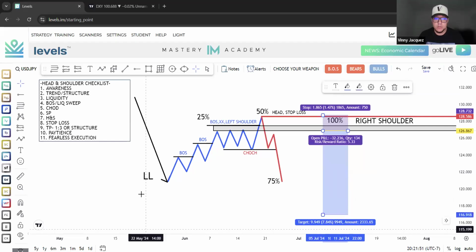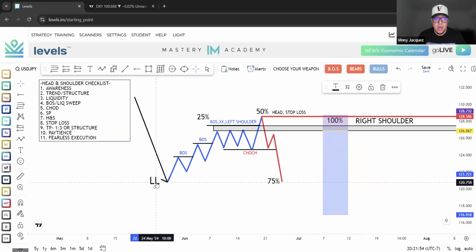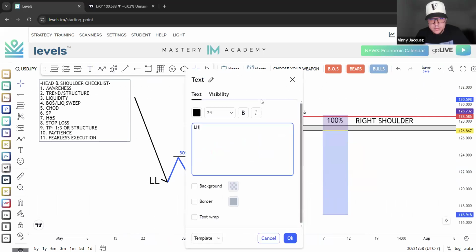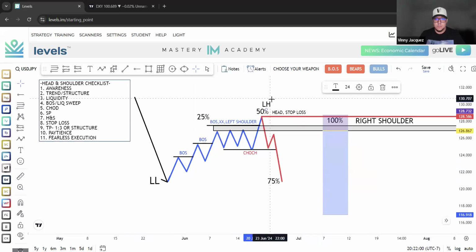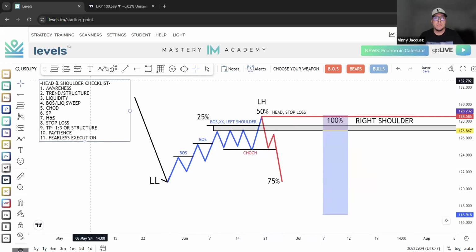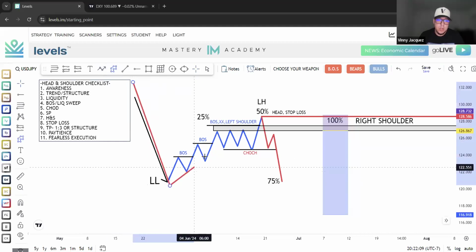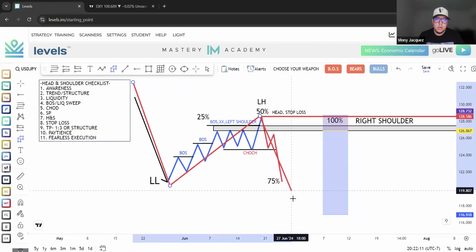It's making lower lows. And this high way up here, guys, this is my lower high, right? That's my lower high. Literally, we have the market giving me lower low, lower high, lower low.